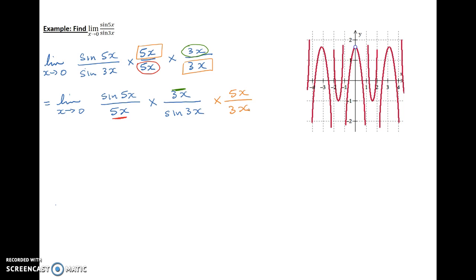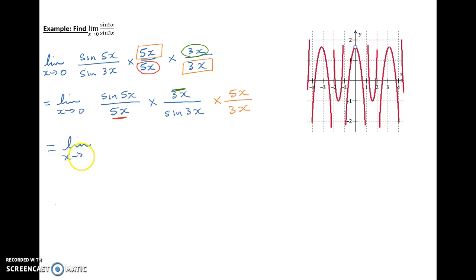One of the things you can do with limits is, when you're getting the limit of a product like this, we can simply get the limit of each part separately.